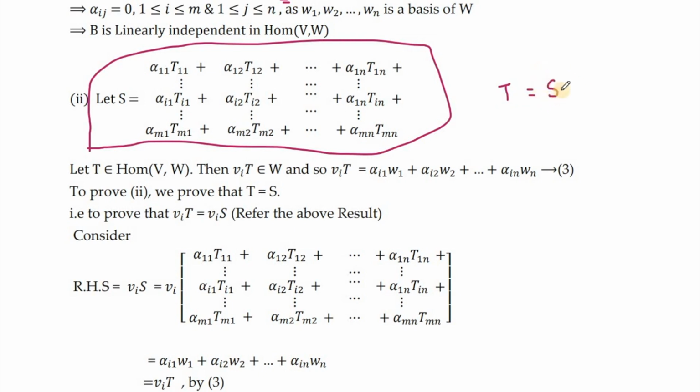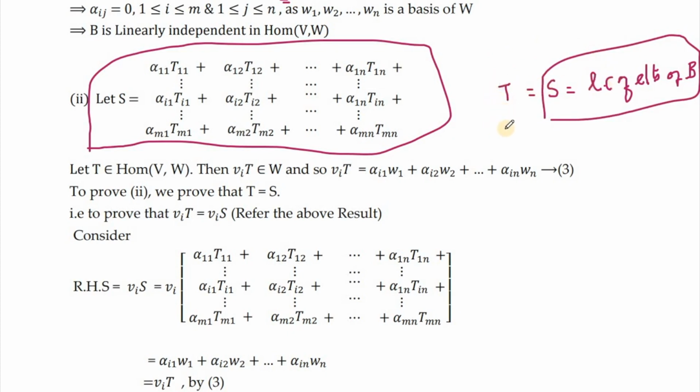So for that only you are taking your S as a linear combination of elements of B. Your aim is to show that any element in Hom(V, W) is written as a linear combination of elements of B. So S is first considered as a linear combination of elements of B, and if you are able to show that any element is nothing but your S, then what is required we will get. So that is the idea.